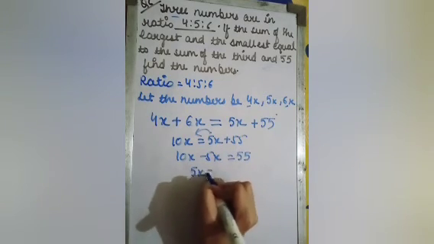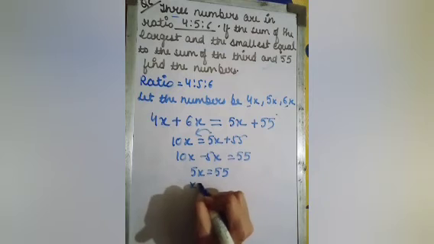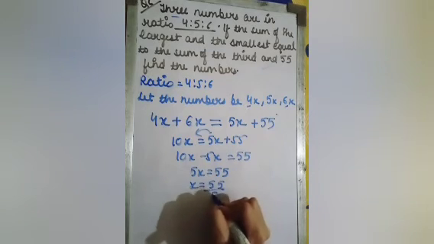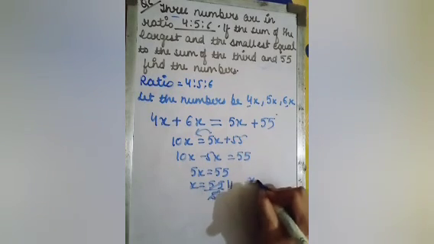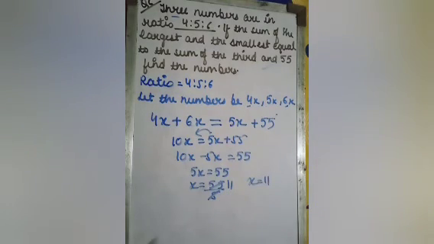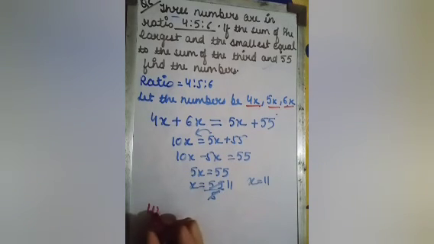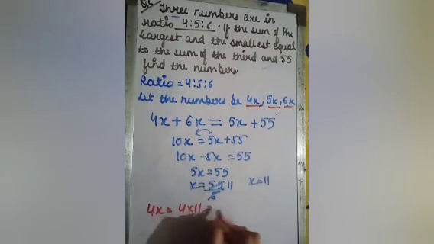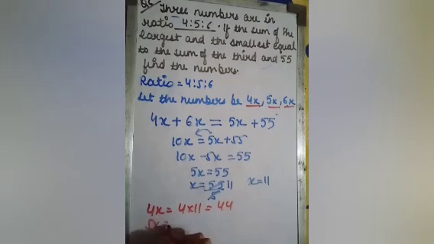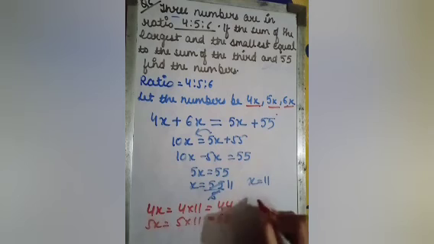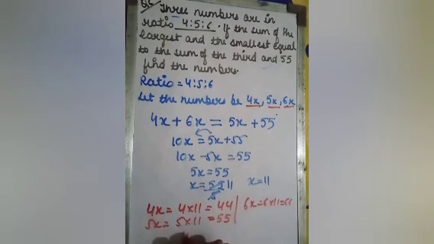It is 5x equals to 55, and from here you can find the value of x, right? It will be 11. Now x equals to 11. This is not your number. Our numbers are 4x, 5x and 6x. So 4x equals to 4 into 11, 44. 5x equals to 5 into 11, 55. And 6x equals to 6 into 11, 66. So the numbers are 44, 55 and 66. These are the three numbers.